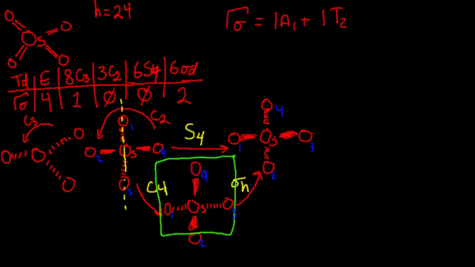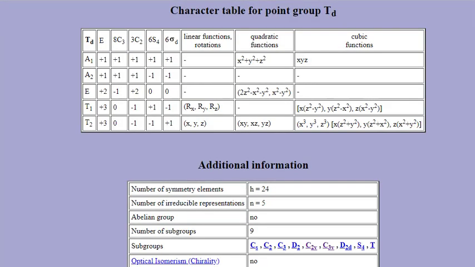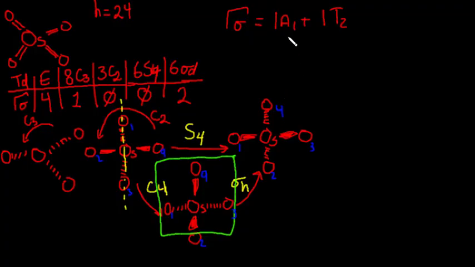Now if you go back to the table, you'll see that the A1 is represented by the s orbital, and the T1, or T2 sorry, in this case would be the px, py, and pz orbitals. So we have four orbitals that are making up the sigma bonding in this complex, and they are s, px, py, and pz.